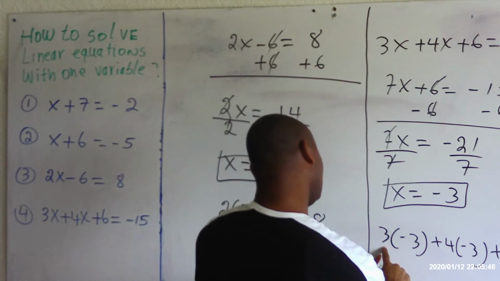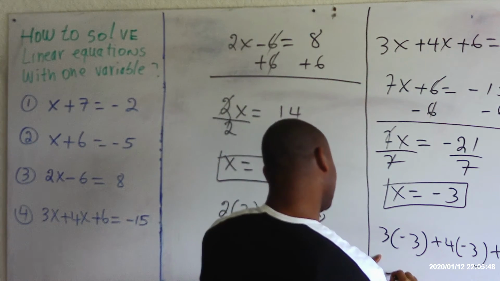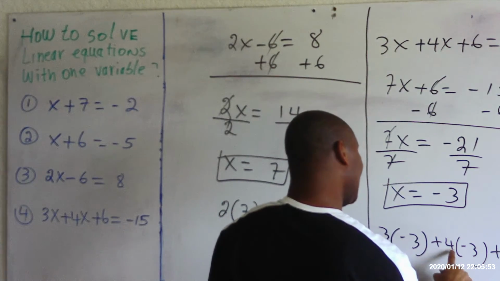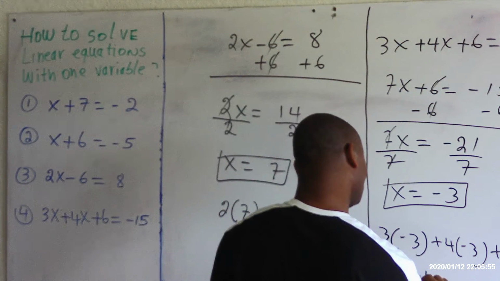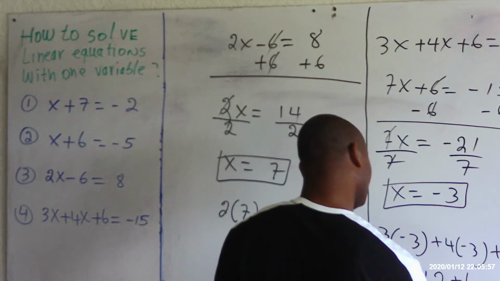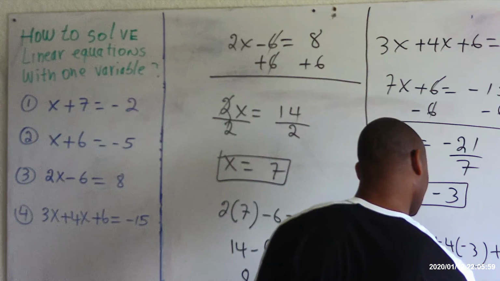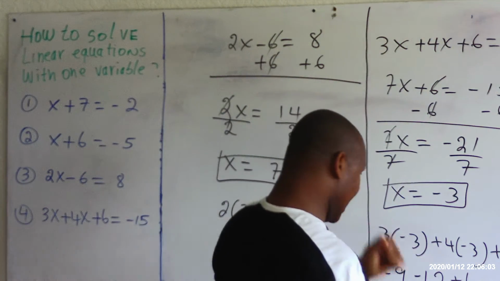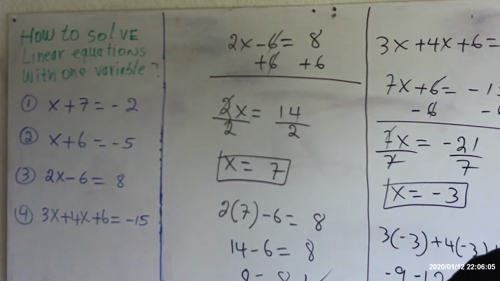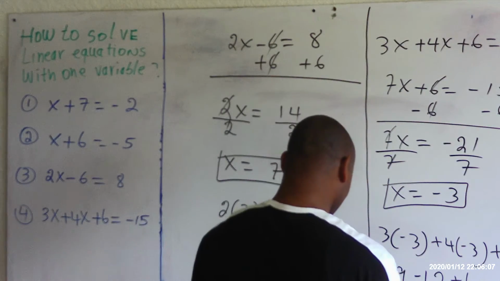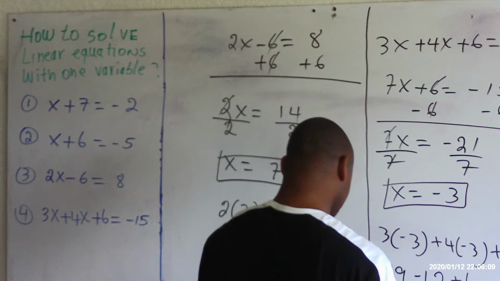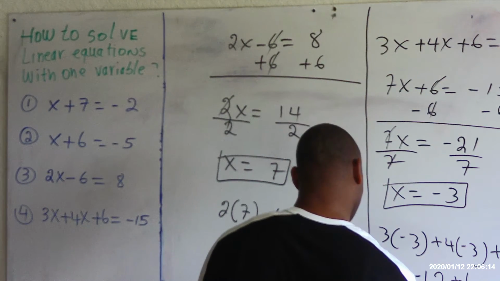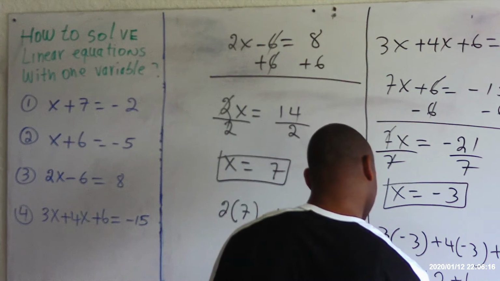So 3 times negative 3, that's negative 9. Positive 4 times negative 3, that's negative 12. Plus 6. So basically, you have negative 9, negative 12, that's negative 21, plus 6.